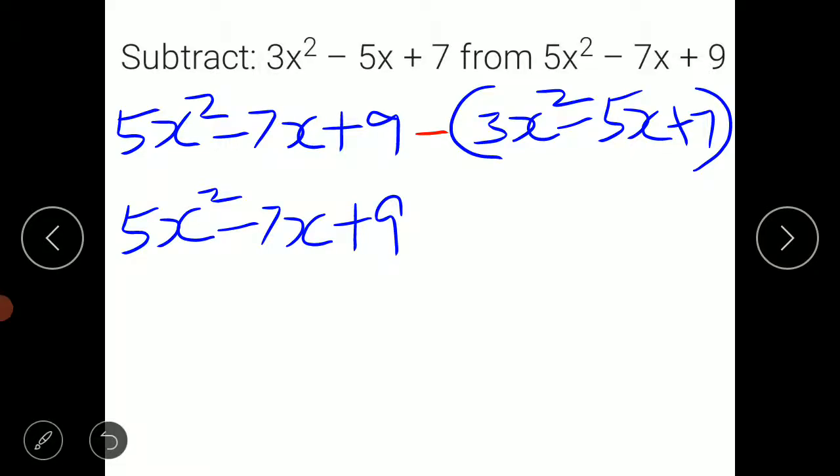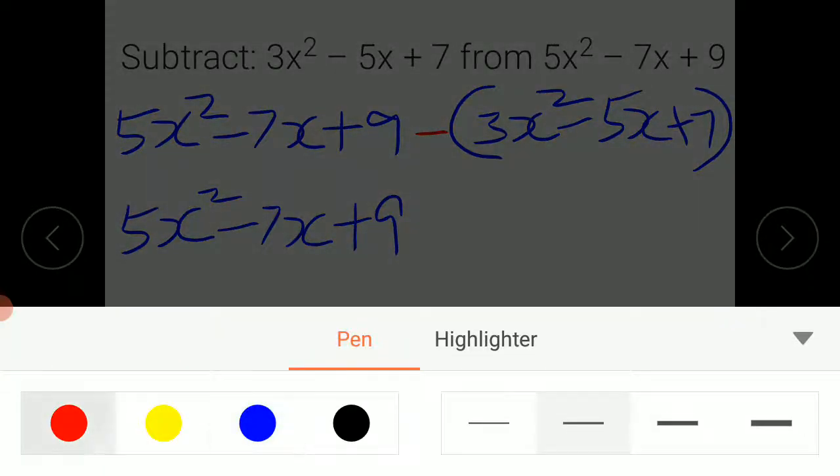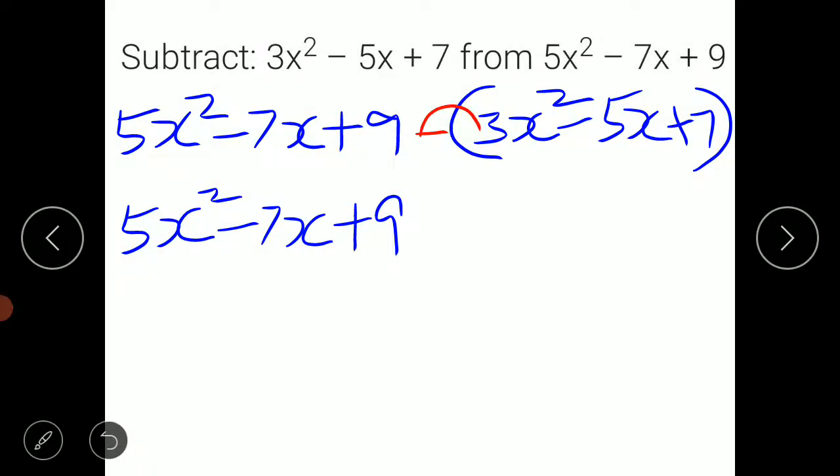Let's open the bracket. Minus into plus; here plus is hiding. You know very well, bracket represents multiplication. Minus into plus, minus 3x square; minus into minus, plus 5x.